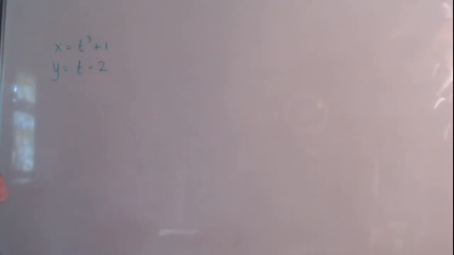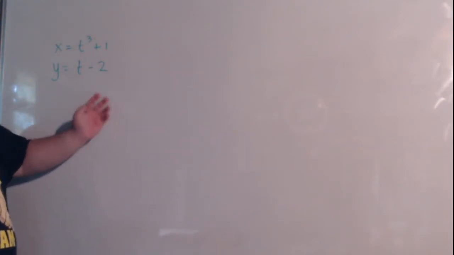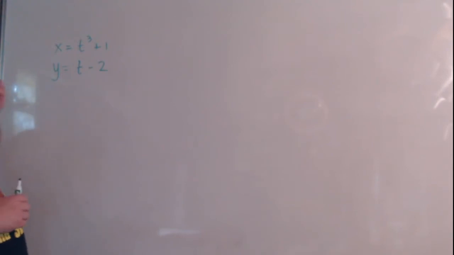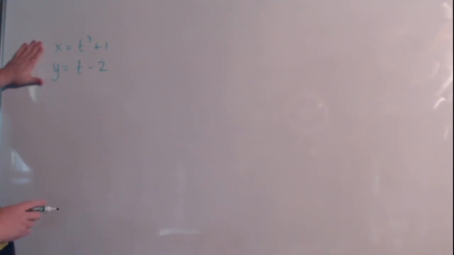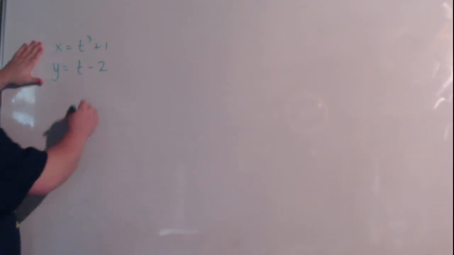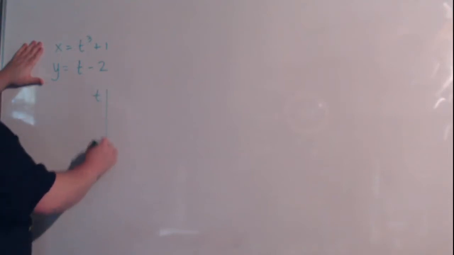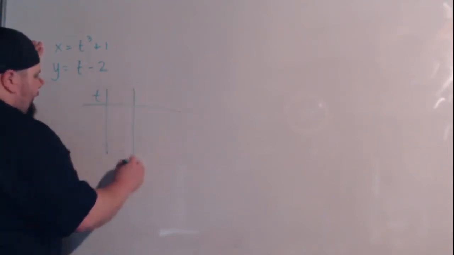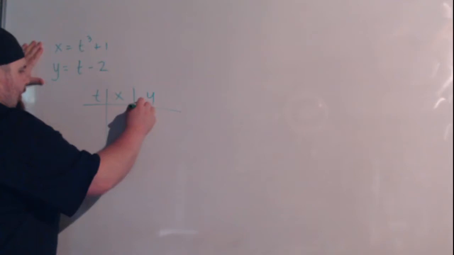The first problem said to plot this using a table of values. So I'm going to choose a value for t, and I'm going to solve for a value of x and y.